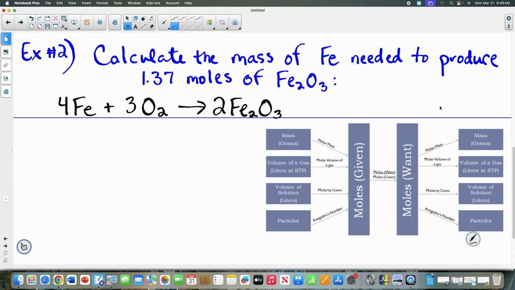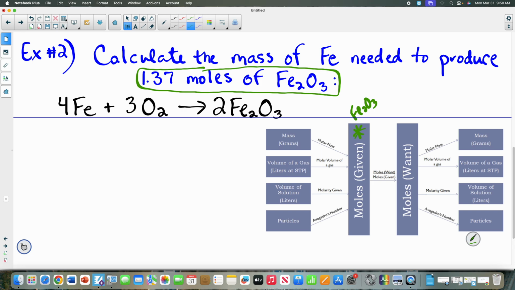Okay, so what number, unit, and substance do we have to start with? 1.37 moles of that. Right, so this is what we want to start with. Okay, so that means we're starting here. And I copied this chart from your stoichiometry packet, so maybe it'll look more familiar. So moles of given, so this is our Fe2O3.